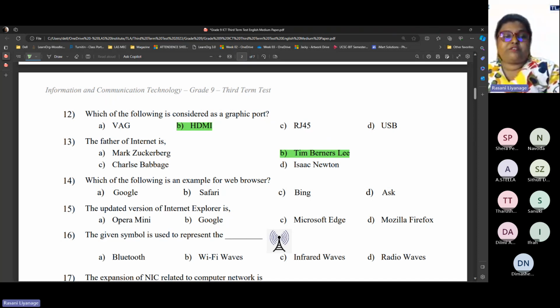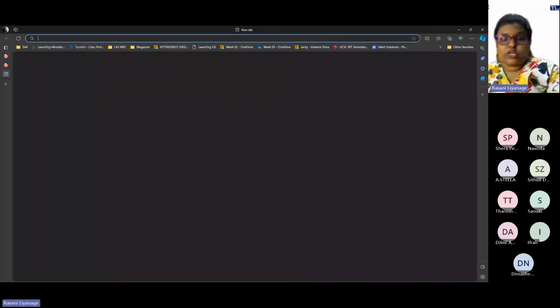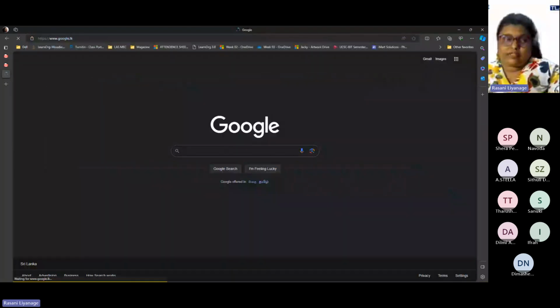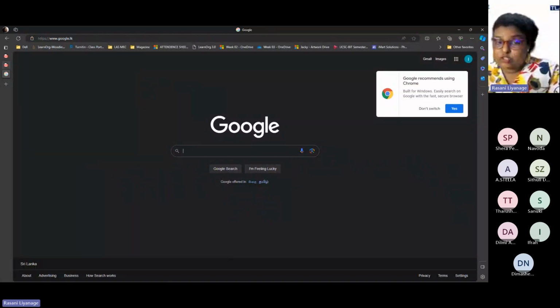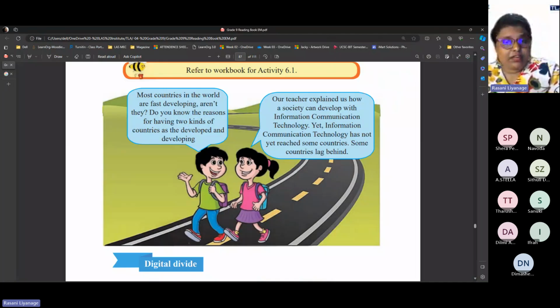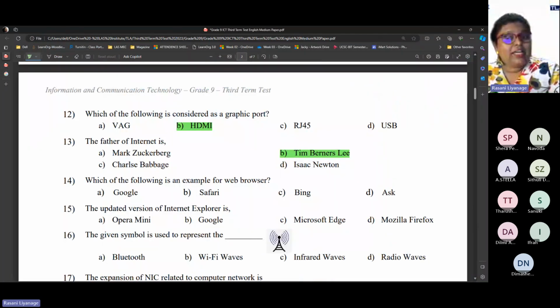Next. Which of the following is an example for a web browser? Simple questions. Google is a search engine that we can access anywhere on any browser. So it is a search engine. Safari is the browser which is there on Mac.